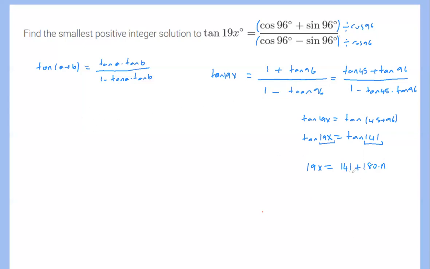So what I mean by that, I'm going to write that equation, 19x, and then make it a congruency, which will give you 19x is congruent to 141 plus 180 times n. But I'm going to take the mod 180. So if you are confused right now, then I will ask you to review modular arithmetic a bit.